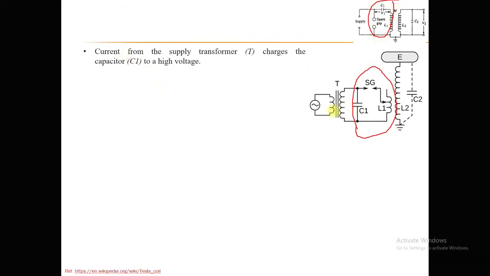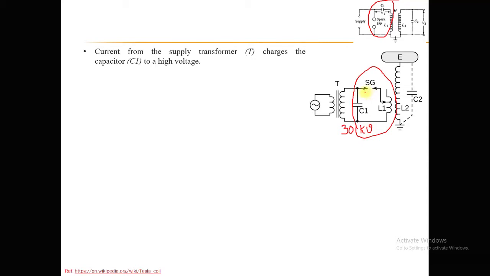The current from the supply transformer will charge the capacitor C1 to a higher voltage. Let us assume that the input voltage to C1 is 30 kV. Now I want to charge this capacitor to 30 kV.